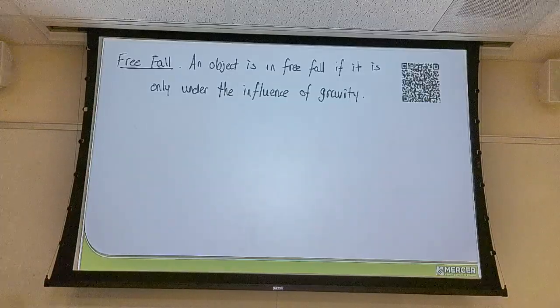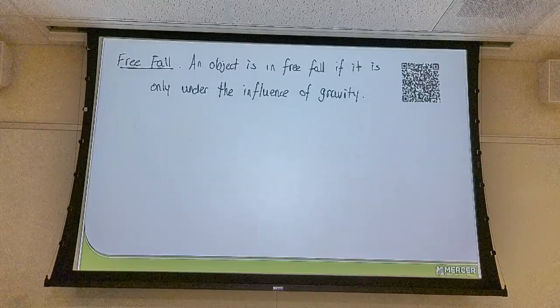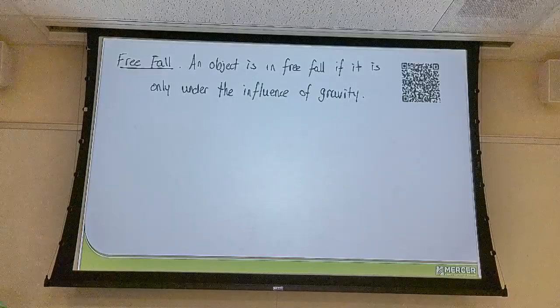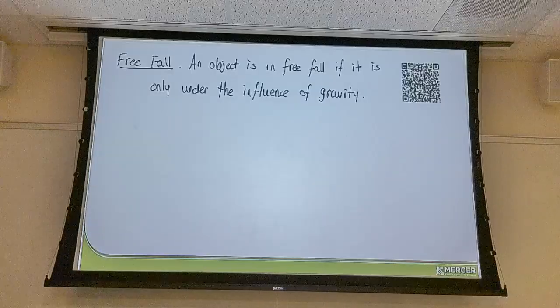Does free fall actually exist? No, because there's always air resistance. However, there are times where we can ignore air resistance because it's negligible.